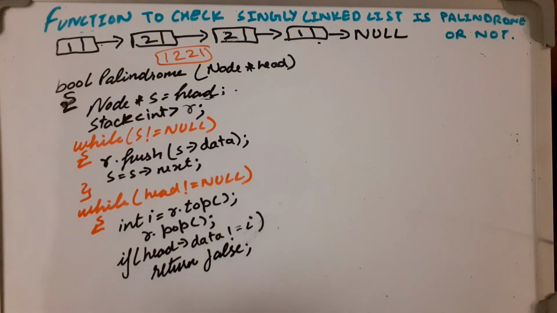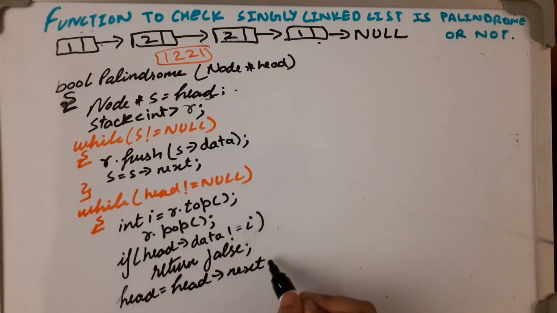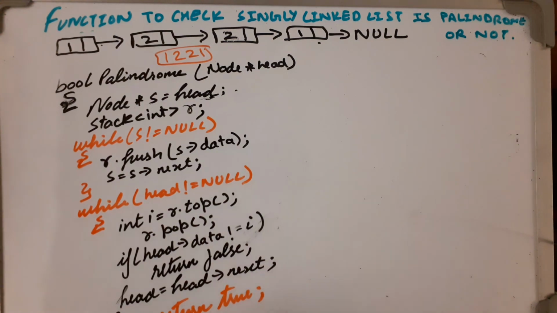Otherwise we have to do head equals head of next, and then outside this while loop we have to return true. If that condition is never true, obviously it has to return some value, and that is the true value.